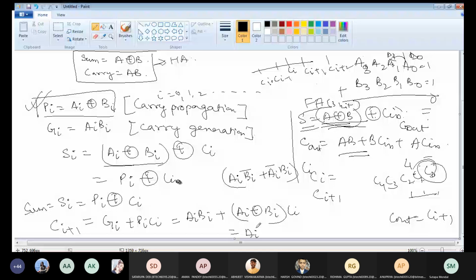Solve it and see, you will get the same thing. So AI BI Cin, AI bar BI Cin plus this one; make the carry common and you will get this value, that is AI BI plus BI CI plus AI CI. If you cannot solve it, you can check it with a Karnaugh map. So basically from here we will get the two values.